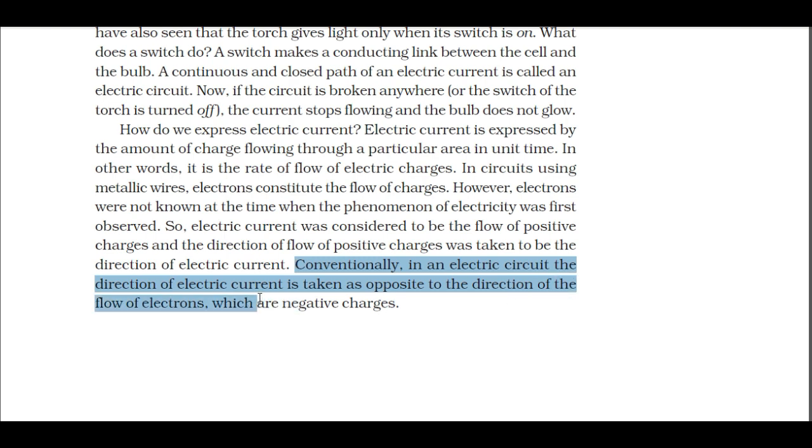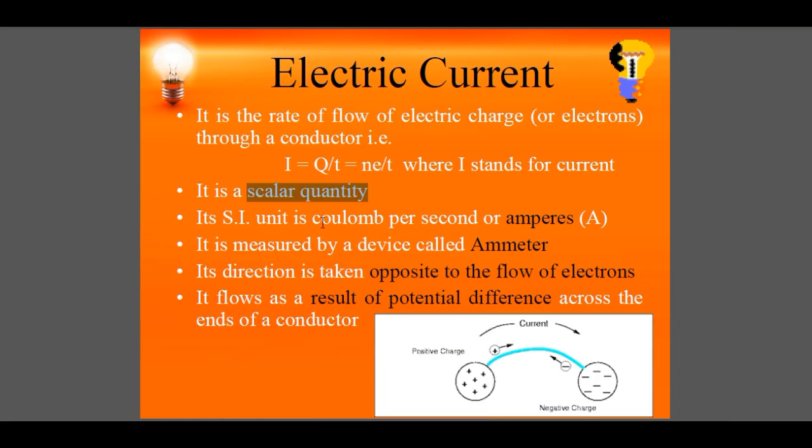So if electrons are flowing from the negative terminal of the battery to the positive terminal, as we know there are two terminals in a cell, then the current direction is taken from positive to negative. So there is no direction, but this only shows the direction of current.